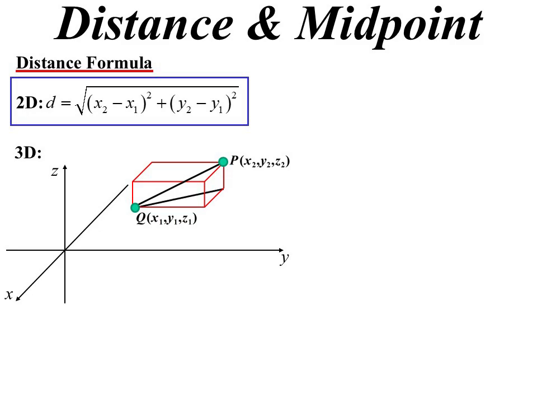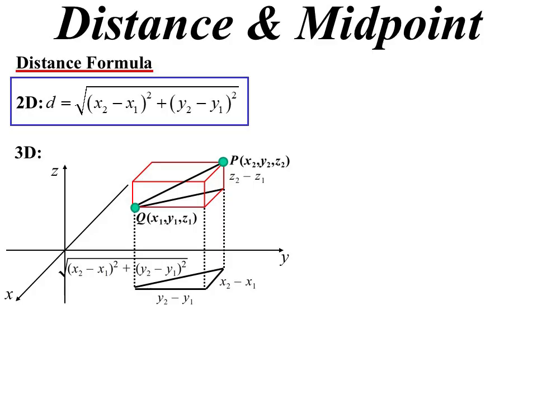Okay, well, I could draw up a right angled triangle like so, and we could find the length z2 minus z1. If I was to just project the base down onto the xy plane, it might make it a bit easier to see, well, hang on, I know they're the difference in the y values, they're the difference in the x values. The hypotenuse of that one becomes the square root of x2 minus x1 squared plus y2 minus y1 squared, because essentially we're just saying what's the distance between these 2 points in 2 dimensions.